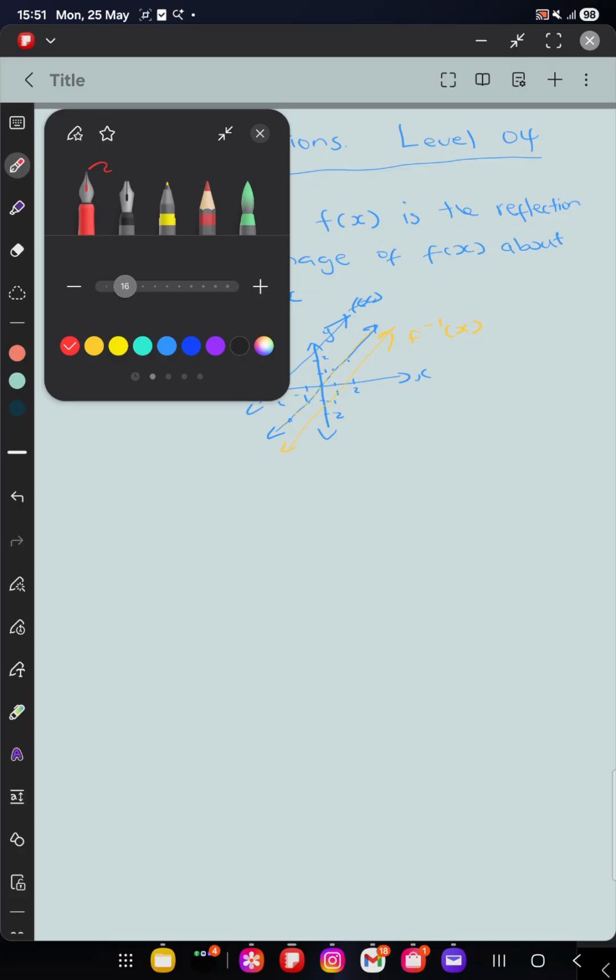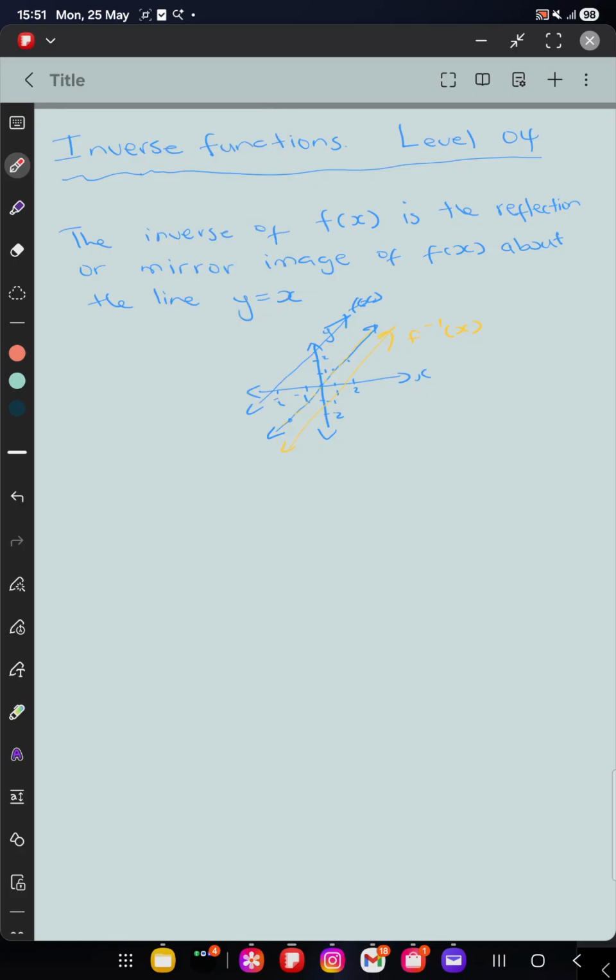Now, that's that. But then how do you find the inverse of a function? How to find f inverse of x?